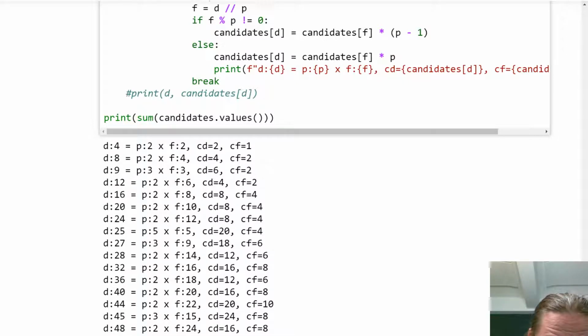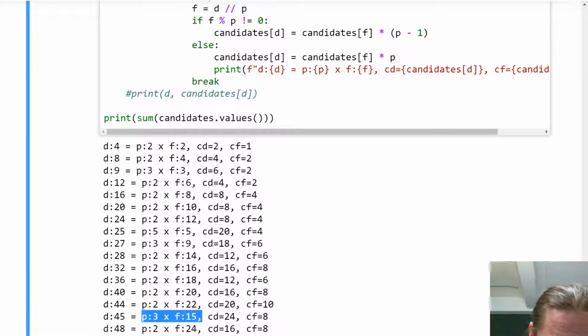For the 45, you find factor 3, you find prime 3, and you have the number 15. For the 15, we had already 8 numbers. And the 45 is 3 times this full 8, because the 3 was already divided out of the 15.